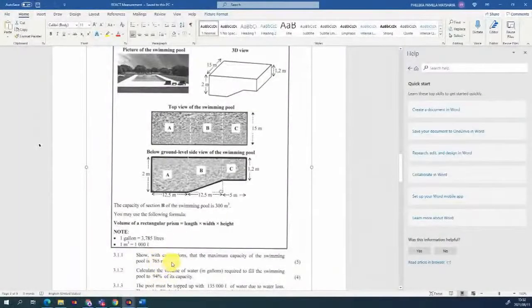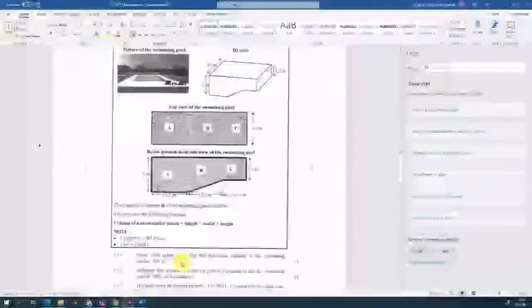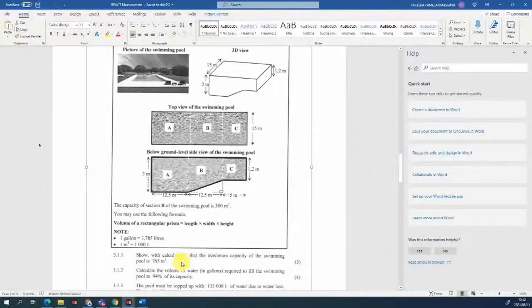You see, they gave you a total of 765. Use that total. And now I'm talking to those that didn't work out 3.1.1. Use it, because they give you something there, 765 cubic meters.